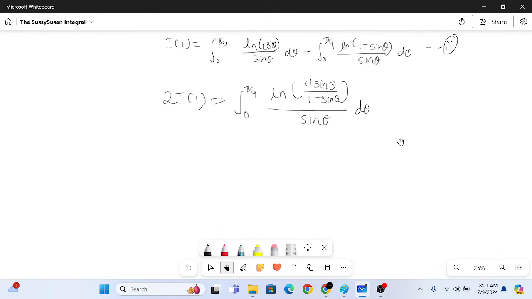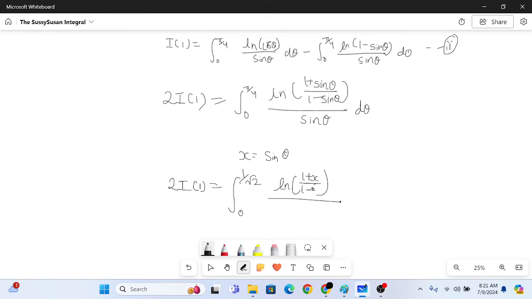Now for this, we can make a new substitution, first of all for sin theta. If we do x equals sin theta, then 2 times I of 1 will be the integral from 0 to 1 by root 2 of ln of (1 plus x by 1 minus x) divided by sin theta, which is just x, and theta is sin inverse x, so this will be 1 by root under 1 minus x squared dx.